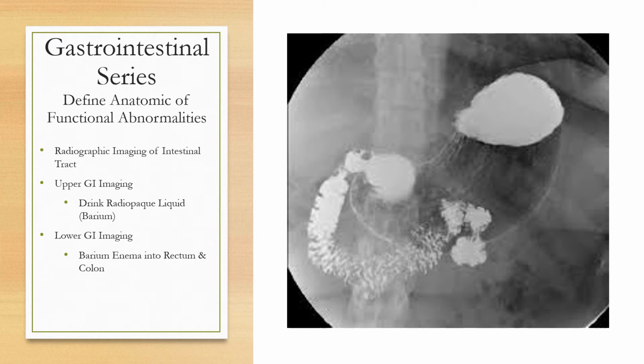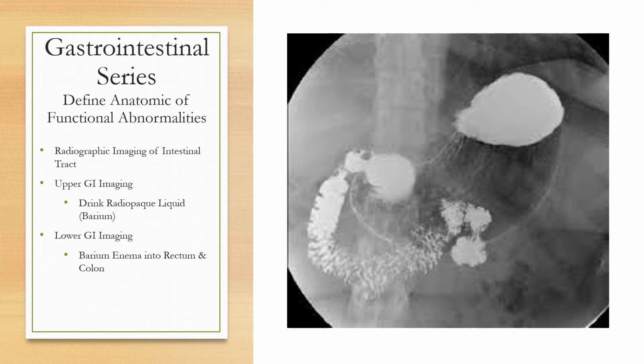And then we take x-rays. And the barium, the x-rays don't go through the barium, so they light up as white. Okay, so on this image here, you can see where the barium is and where it's flowing into the duodenum. Okay, and they can try to diagnose ulcers with this and also cancers. Okay.